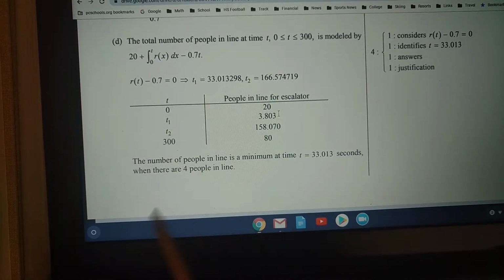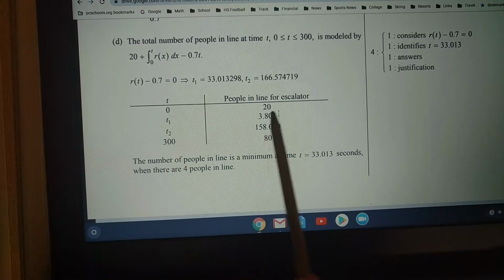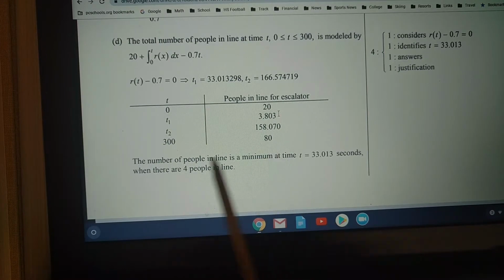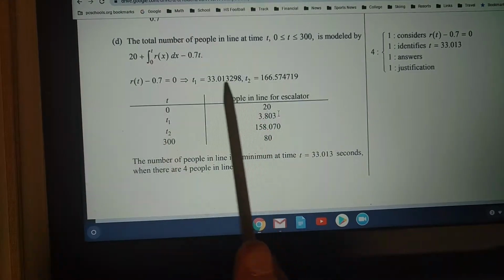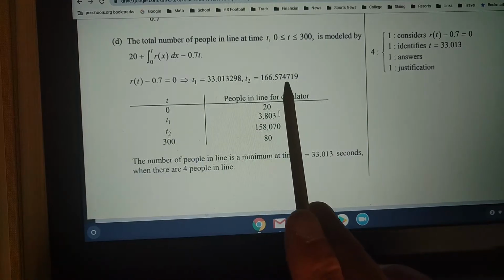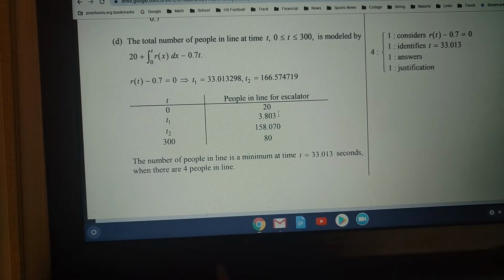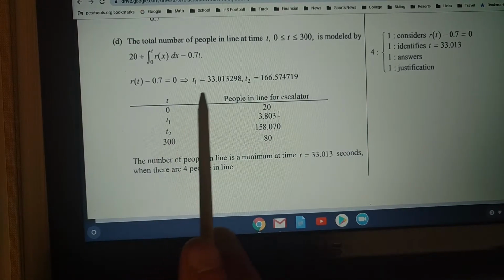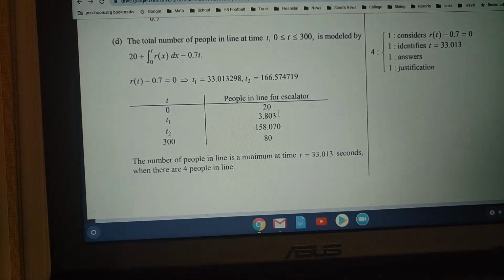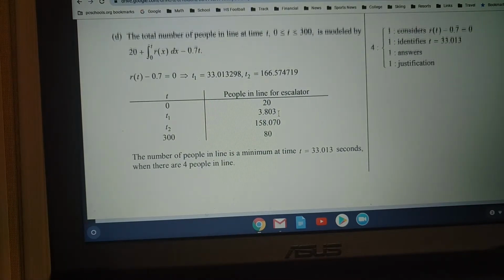You know that the minimum has to be either at a critical point or at an endpoint. So check the values at both endpoints, which we've already found, and at both critical points, which are both of these here. This one happens to be the maximum, but the minimum is found at the first one here. That would get you all 4 points.